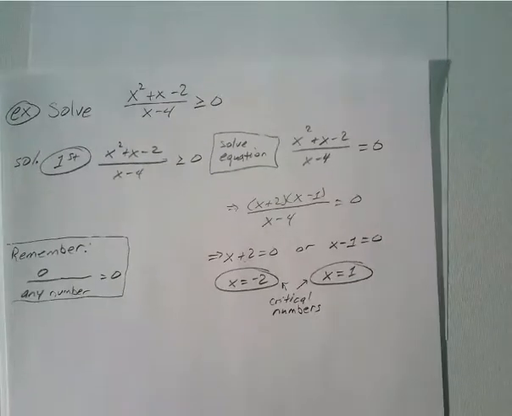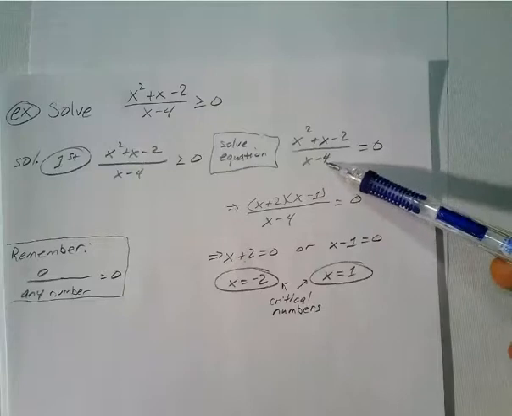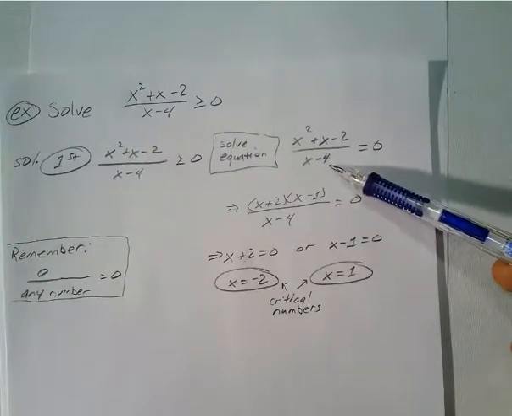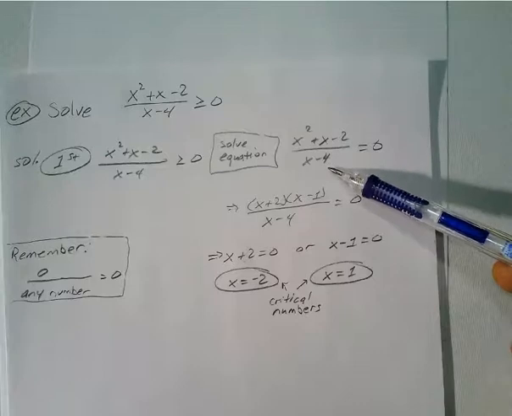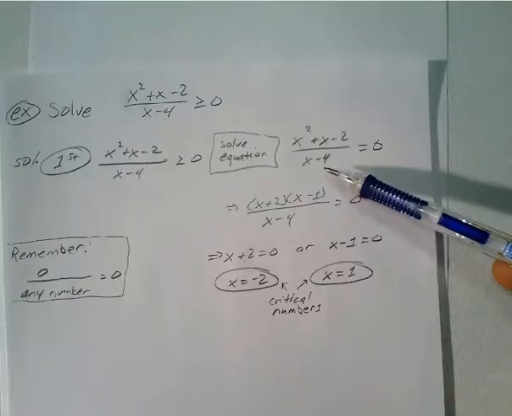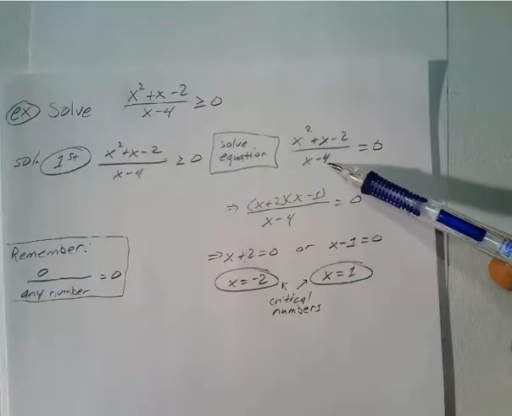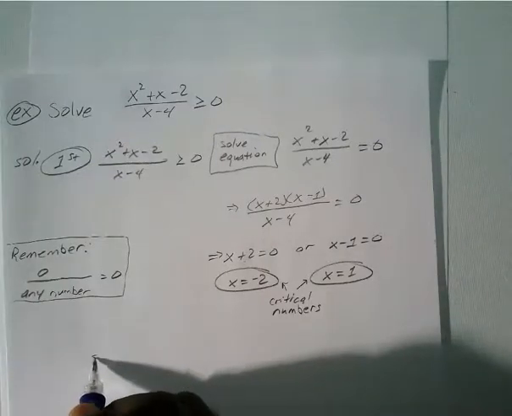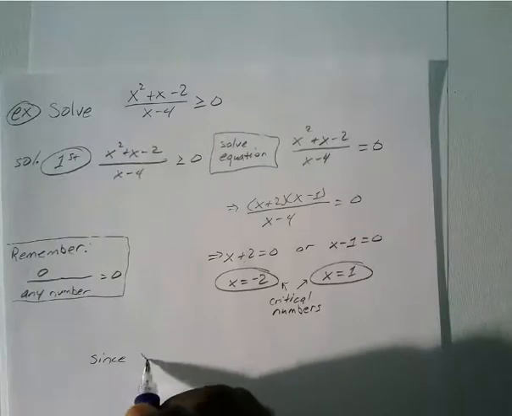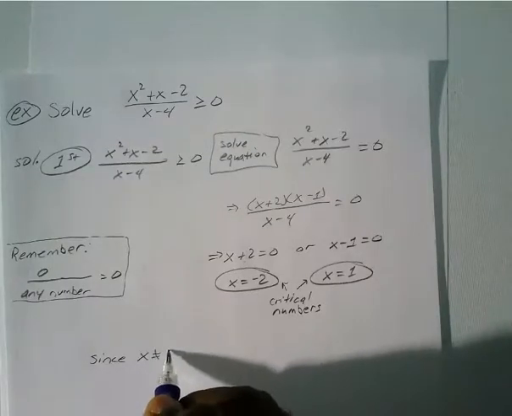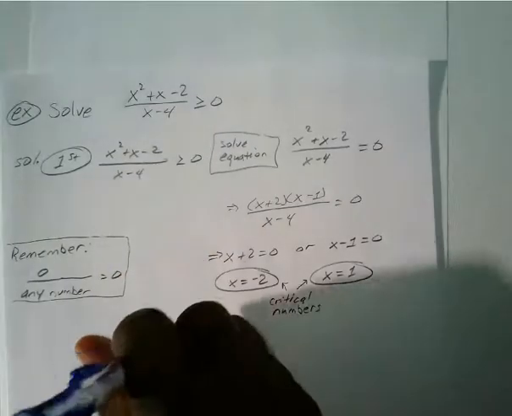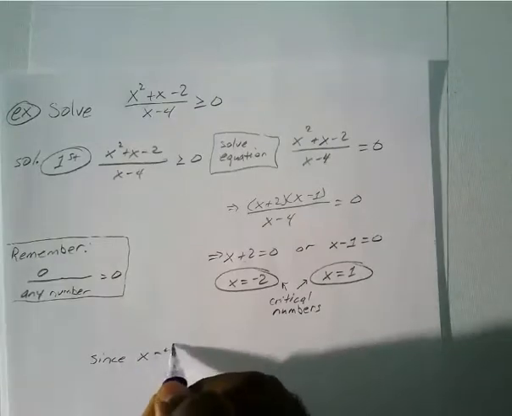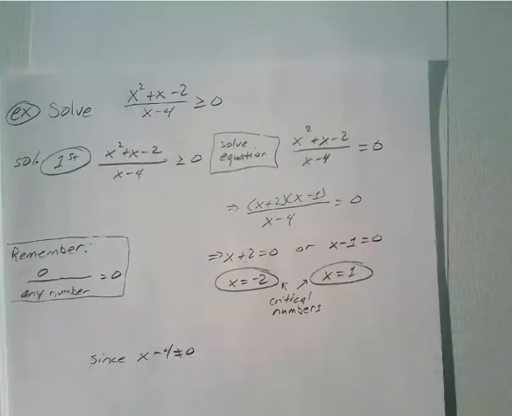But remember, this is not a quadratic equation, this is a rational equation, so you have to take the denominator into consideration, because the denominator can never equal 0. The numerator can equal 0, but the denominator can't. So x minus 4 can't equal 0.